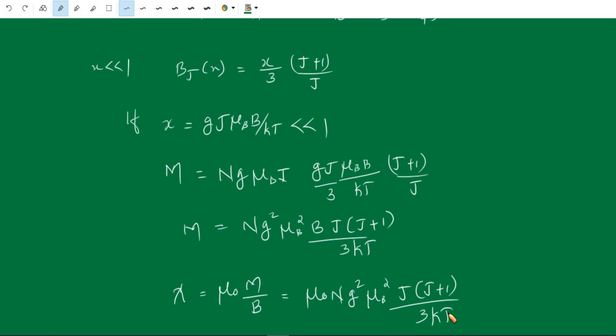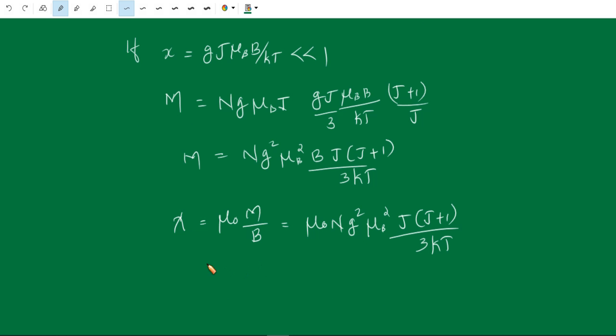Okay, so this is the susceptibility at high temperature. So therefore we can write this as chi is equal to C divided by T, a constant C divided by T. So this is inversely proportional to temperature.